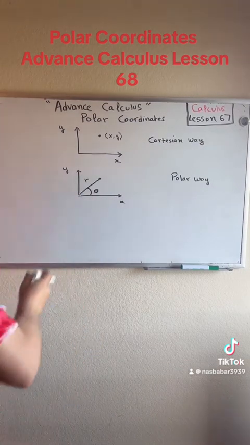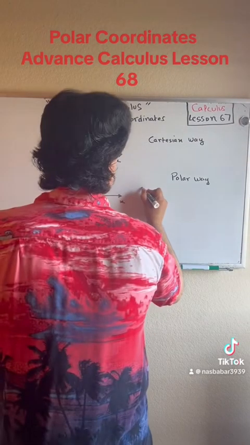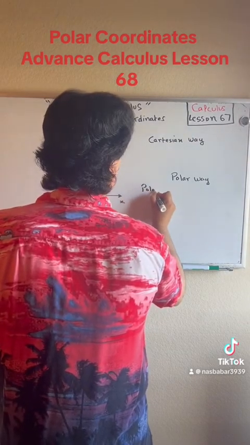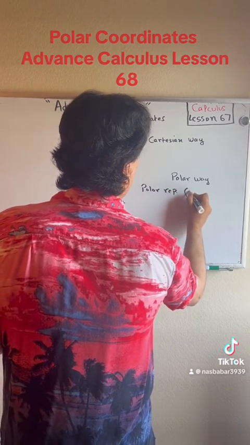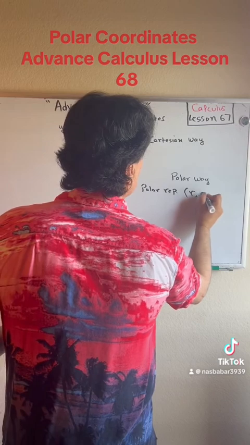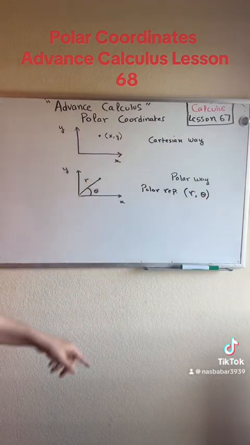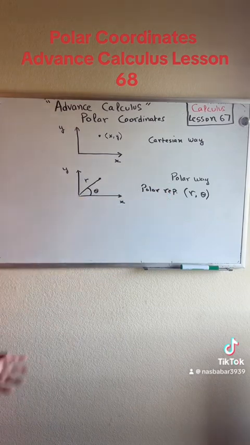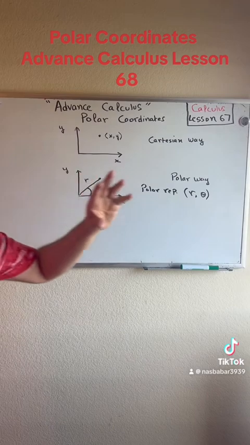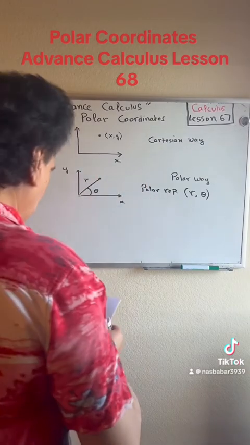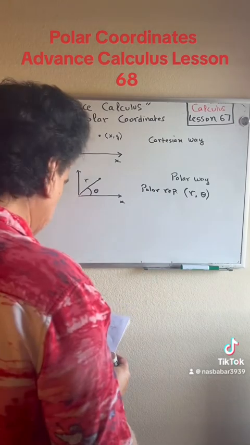Then I can write this as the polar representation, r theta. This is the Cartesian way, this is the polar way. All I'm doing is representing the same point in two different ways.